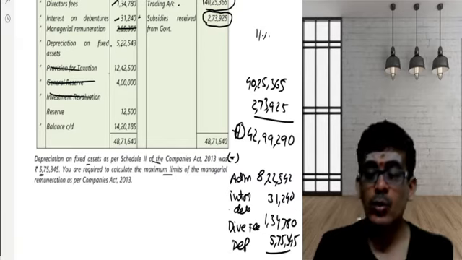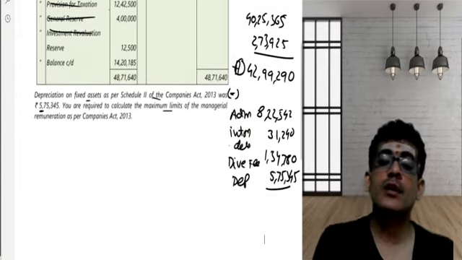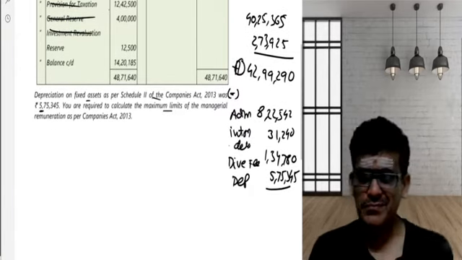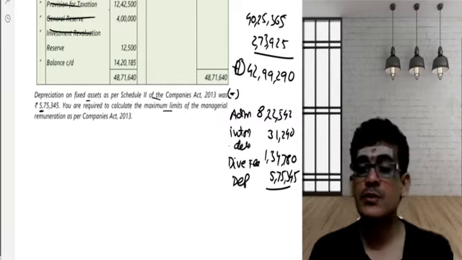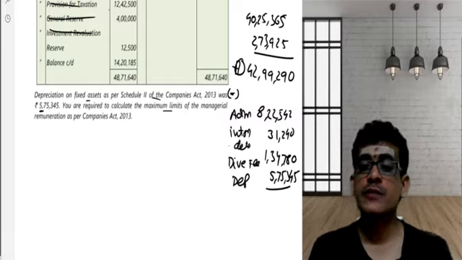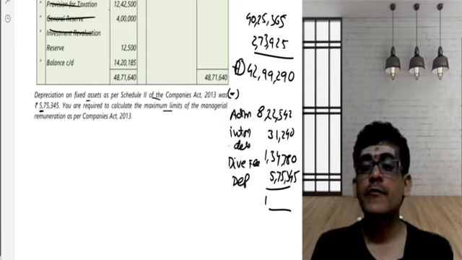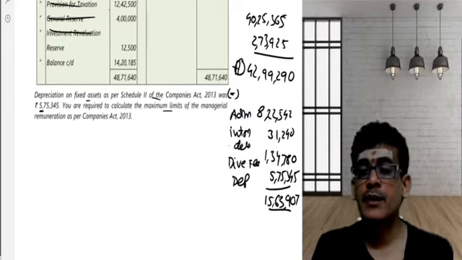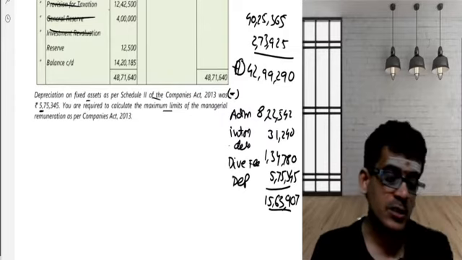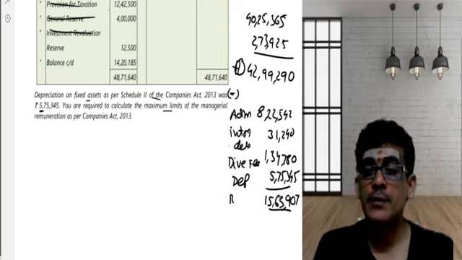Do the total of this. The total expenses, the total debits, is 8,22,542 plus 31,240, 1,34,780, 5,75,345. This total is coming to 15,63,907. 15,63,907 is your total debits.